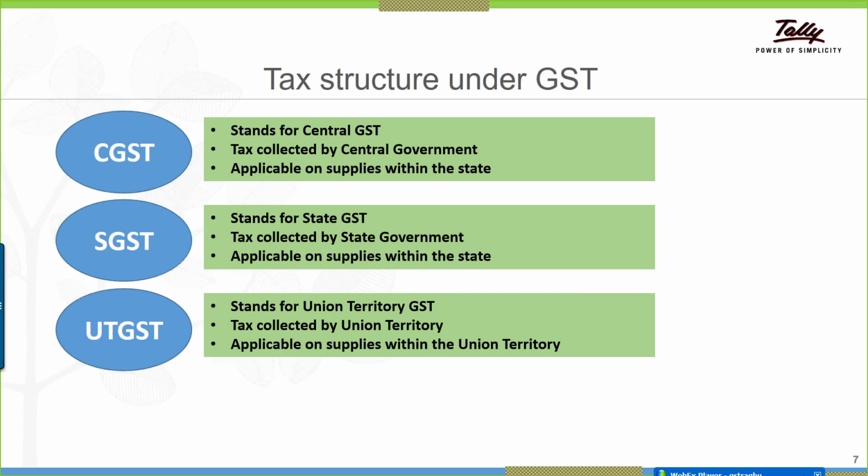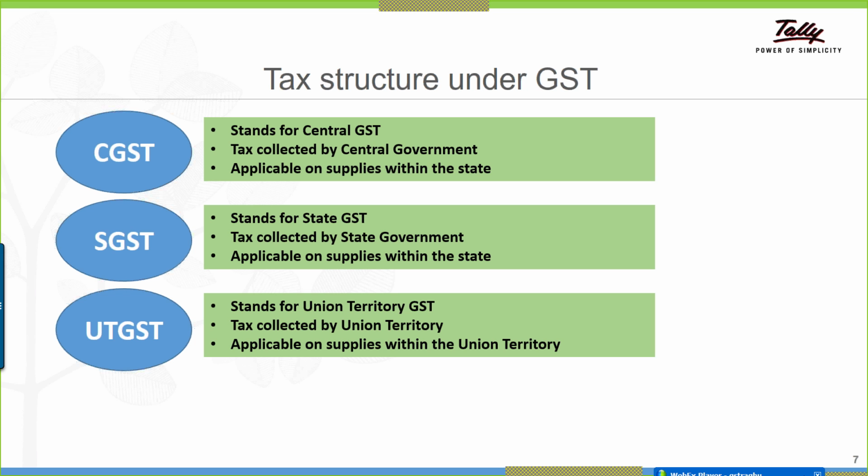UTGST stands for Union Territory GST, tax collected by the Union Territory, applicable on supplies within the Union Territory. As you know, in India we have 7 Union Territories: Andaman and Nicobar, Chandigarh, Dadra and Nagar Haveli, Daman and Diu, Delhi, Lakshadweep and Puducherry. Out of these, Delhi and Puducherry can charge SGST instead of UTGST.